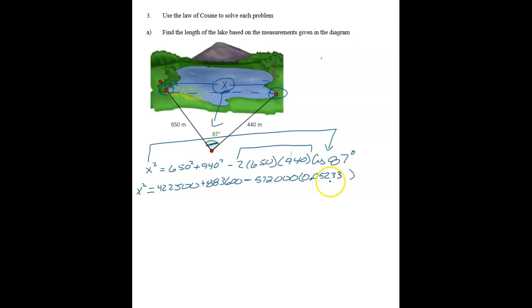So we said we want 4 decimal places. So you don't count the 0 in front here. If your first number after the decimal is a 0, then you don't count it. So here are 4 non-zero digits. If you don't get that number, check your calculator to see if it's in radian mode or degree mode. To work this out, you need to have your calculator in degree mode.